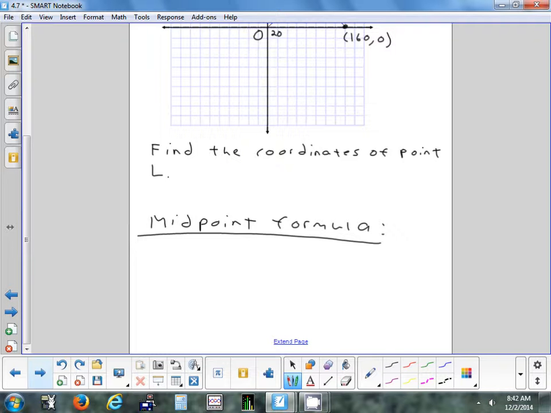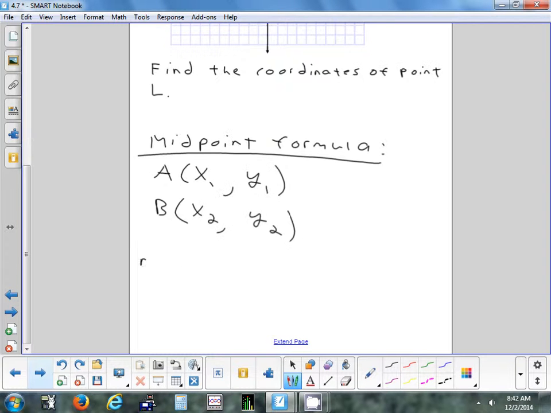So let's say you have 2 points. Let's call the first point x1, y1. The second point, point B, has coordinates x2, y2. If you want the midpoint of A and B, the way you do it, take the average of your x's.